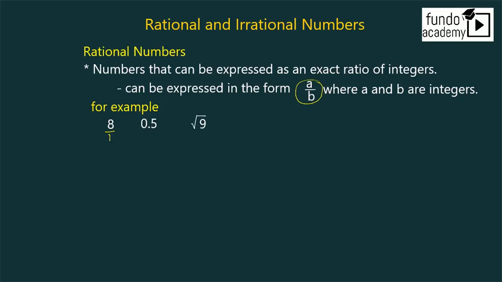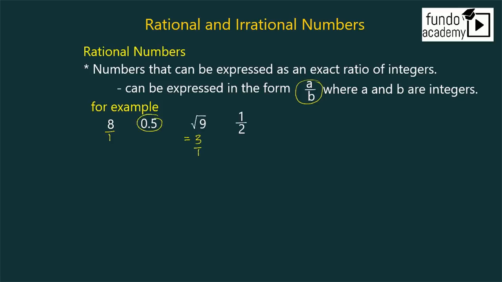A number like the square root of 9 is also a rational number, because the square root of 9 is actually 3, and 3 is 3 over 1, so that makes the square root of 9 a rational number, since 3 and 1 are integers. Another rational number is the fraction 1 over 2, which is the same as 0.5.